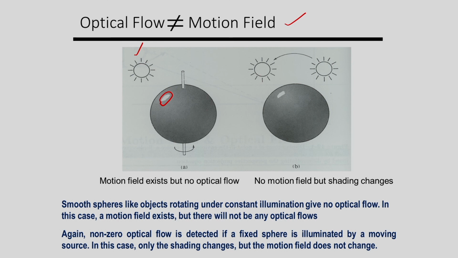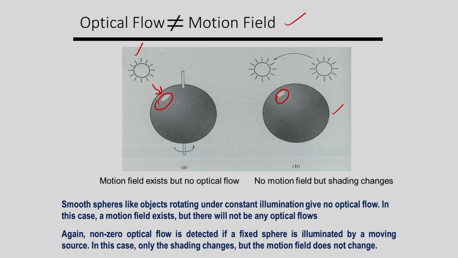Because the object is moving, the illumination at different points will be changing, but in this case the illumination at this particular point will be almost constant. In the second case, there is no motion, you can see. The sphere is stationary, but I have a moving source. So corresponding to this patch, suppose I have different brightness. The brightness will be changing, and whenever the brightness is changing, I will be getting the optical flow.